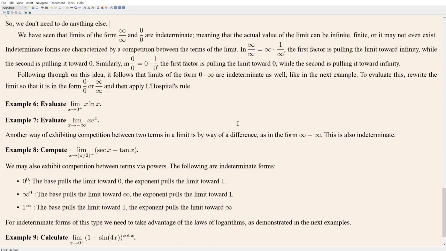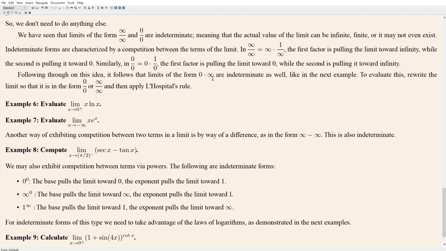So, for example, limits of the form 0 times infinity are also indeterminate for exactly the same reason. This guy is trying to pull it to 0, this guy is trying to pull it to infinity. So, which of those ends up winning depends on the functions that go into making this limit.